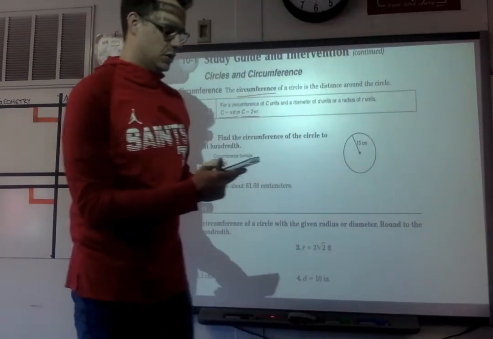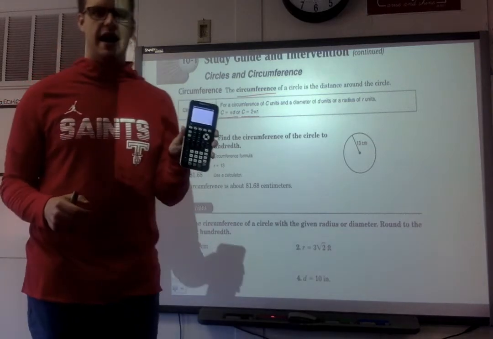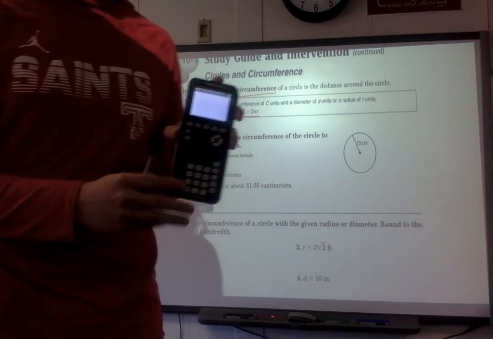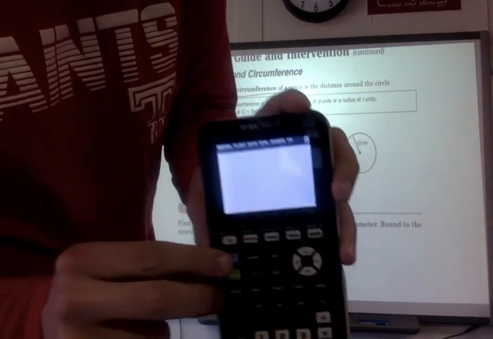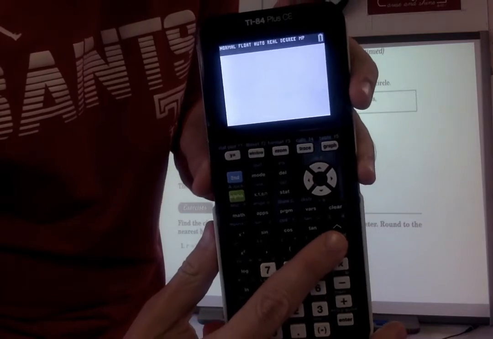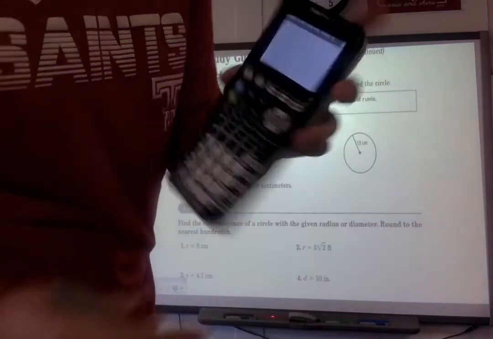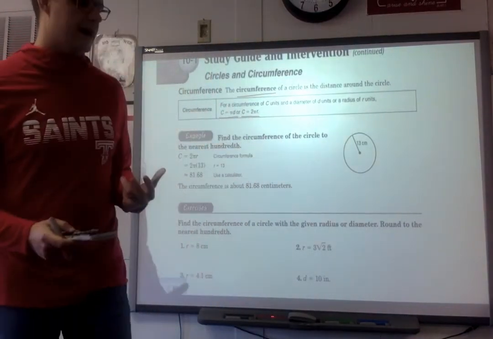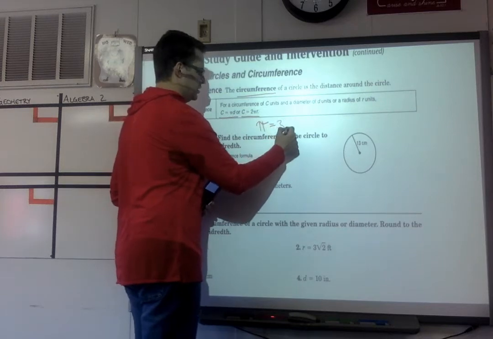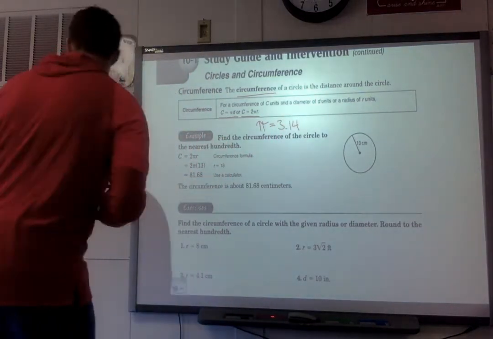Now a reminder here, when you're doing these problems that include pi, on your calculator, if you have a graphing calculator or anything that includes the pi symbol, you would press second, and then you would press the caret, the arrow up symbol, and you see that makes pi show up on the calculator. If your calculator does not have the pi symbol, go ahead and use 3.14 for your value of pi.